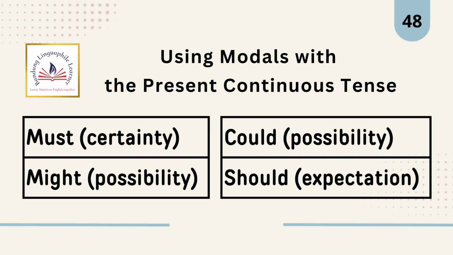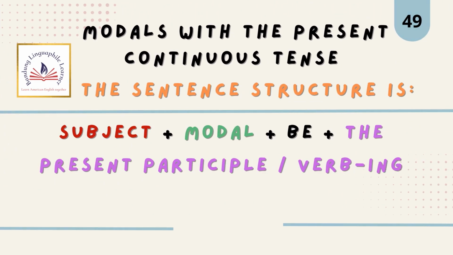These modals express different meanings when talking about ongoing actions. We use modals with the present continuous tense. The sentence structure is subject plus modal plus be plus present participle or verb ing.